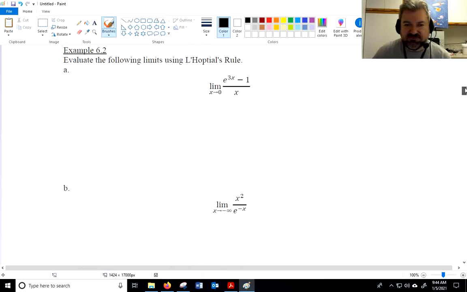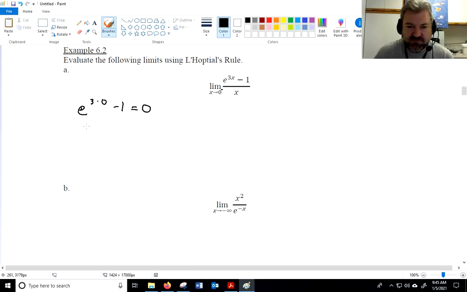All right, let's get right to applying it. Okay, so let's evaluate. I'm going to plug in 0. What I'm going to do is show that e to the 3 times 0 minus 1. E to the 0 is 1, and 1 minus 1 is 0.